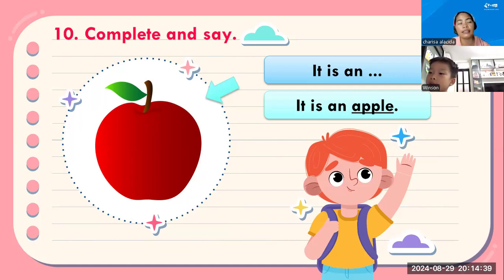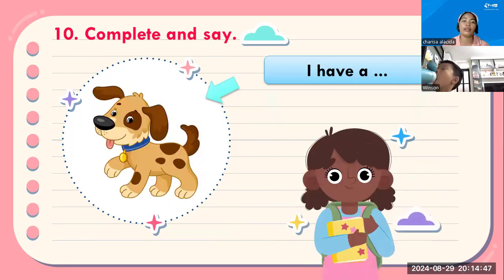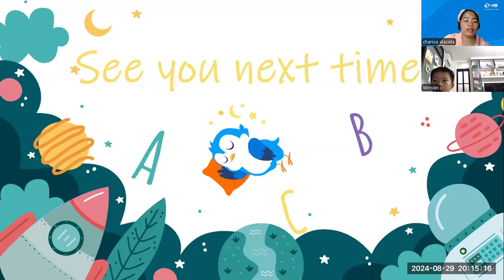It is an apple. Okay, next, I have a... What is this? I have a dog. Very good. I have a dog.